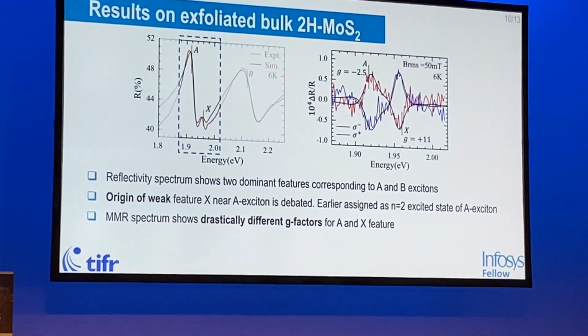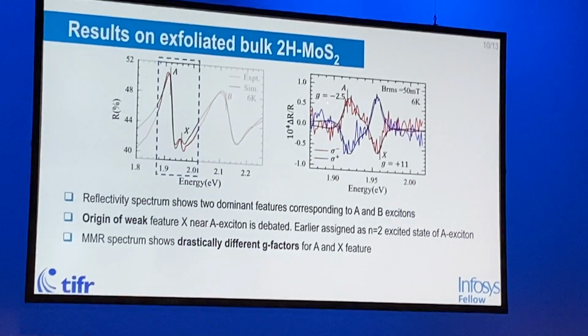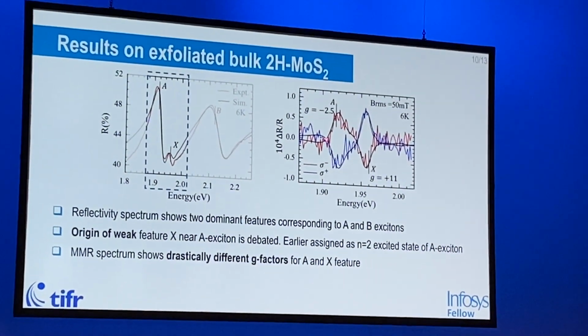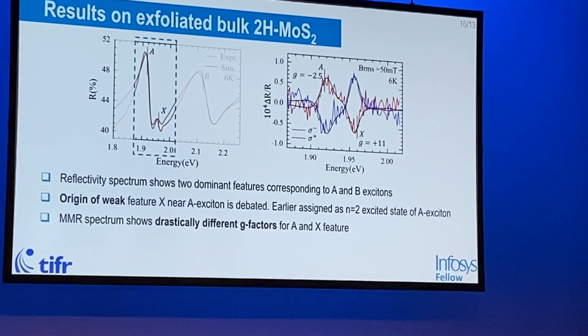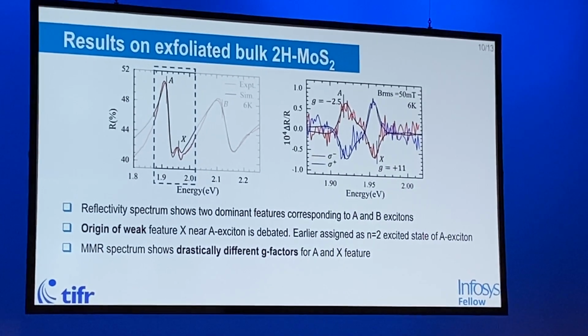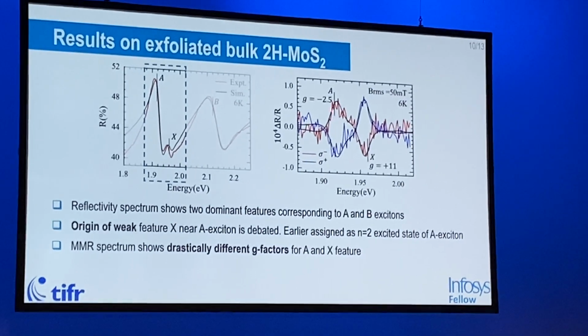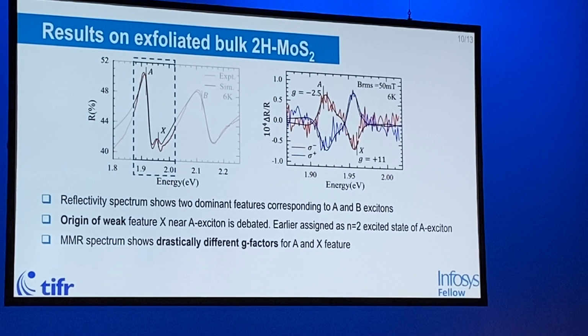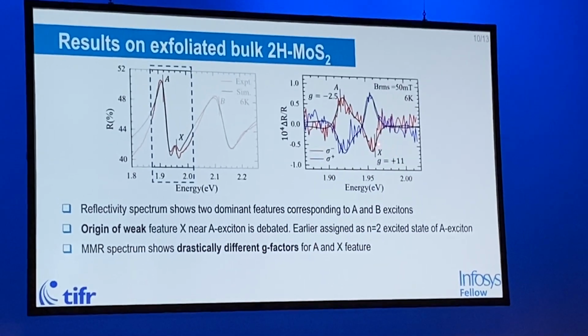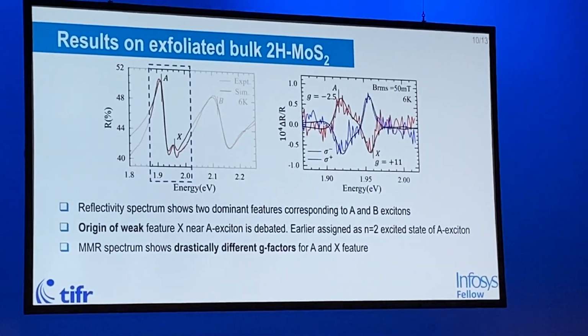But here you see the peak intensity is almost comparable, and also this is a peak, but this is a dip. So just by looking at the curve, you can say that the G factor corresponding to the A exciton is very much smaller than that of this X transition, and also the sign should be opposite.